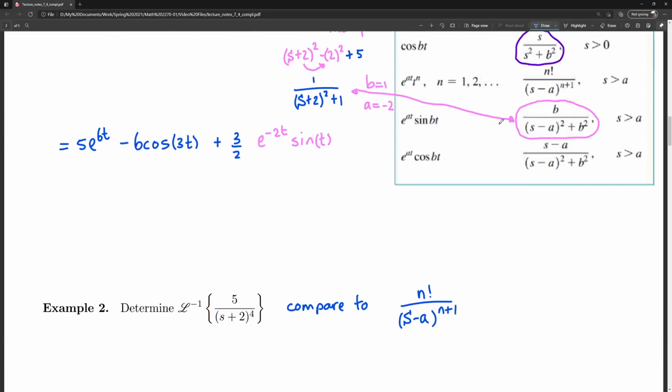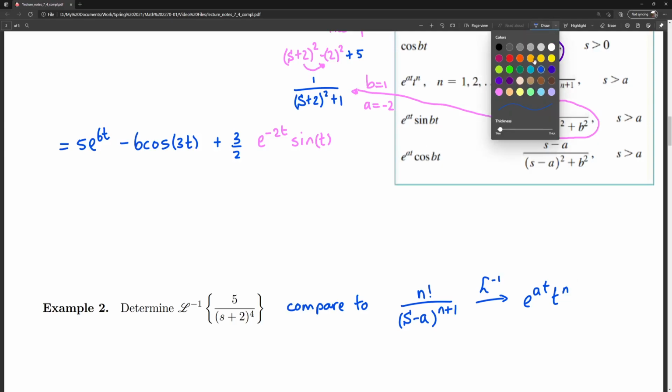That's in the table, and the corresponding inverse Laplace transform of that would be e to the power at t to the power n. So now let's take a look and compare. The first thing we want to do is either look at the plus 2 or the power of 4.